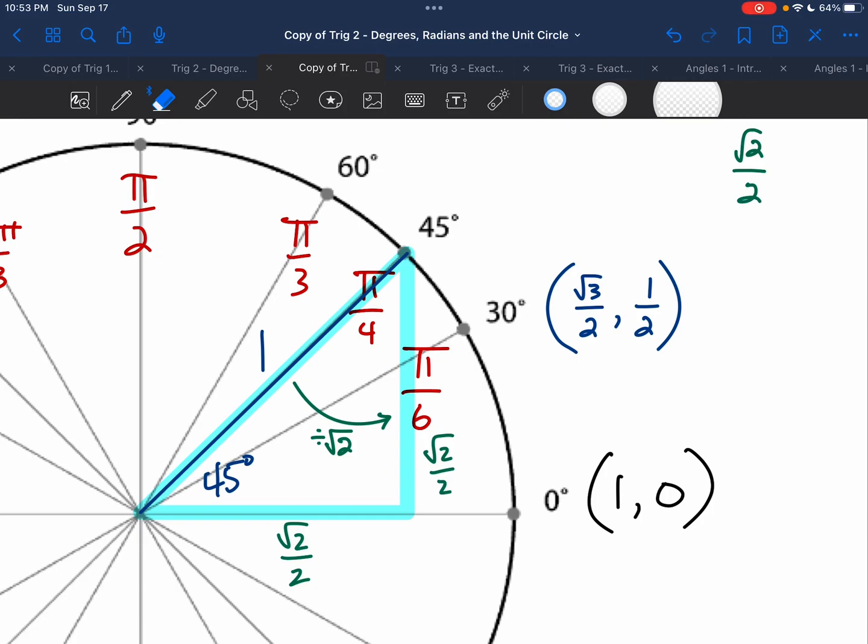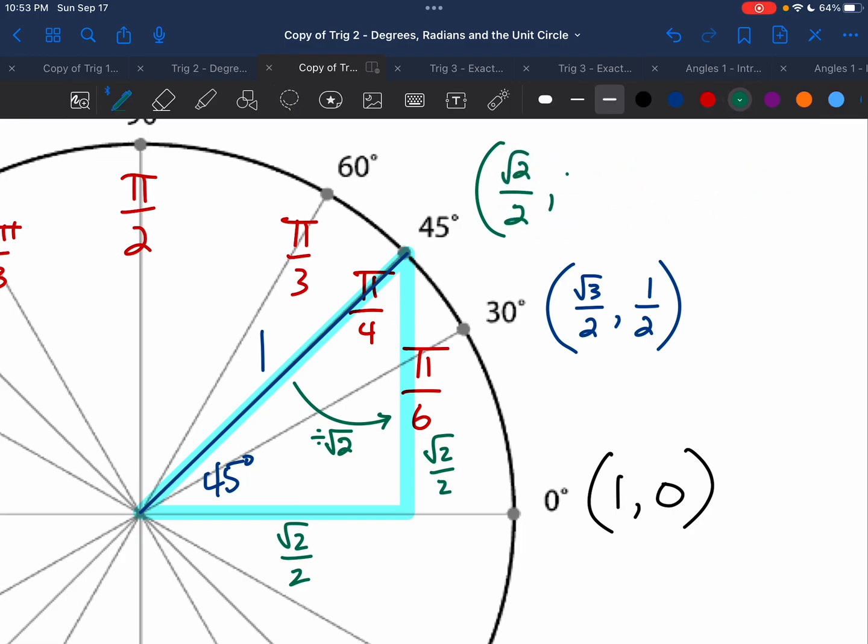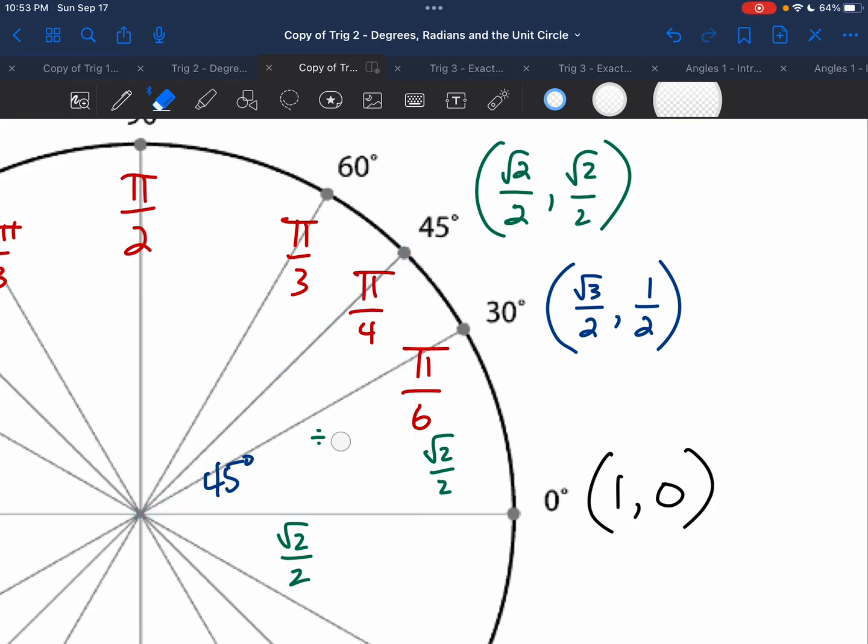This was the easier point to memorize because, well, you don't have to memorize much. You just have to keep that radical 2 over 2 and do it twice. In terms of points that it would be helpful for you to know when you work with a unit circle, here they are.